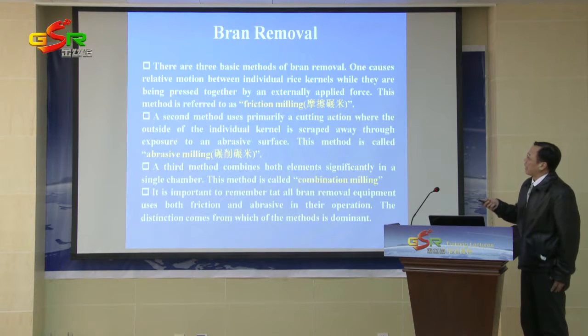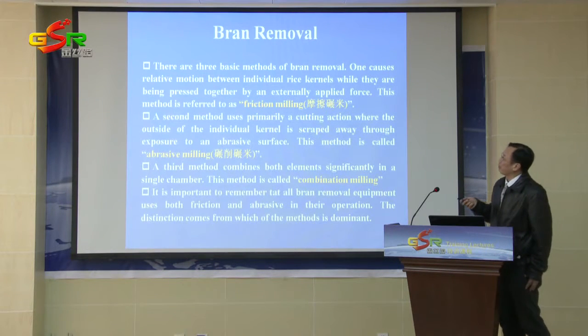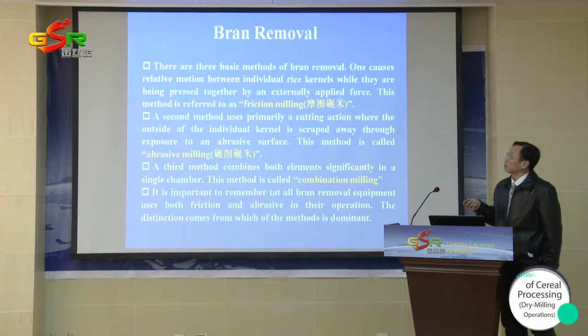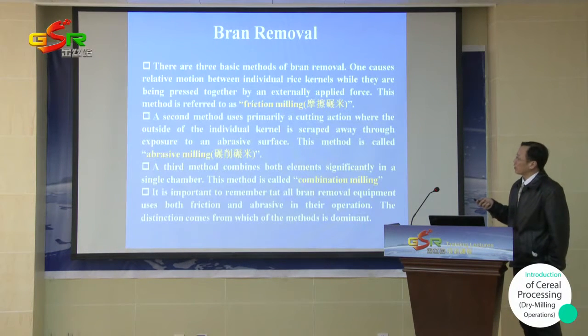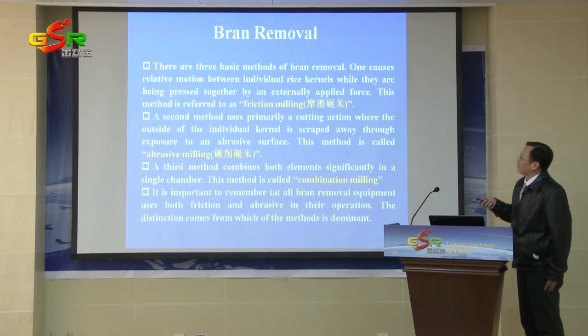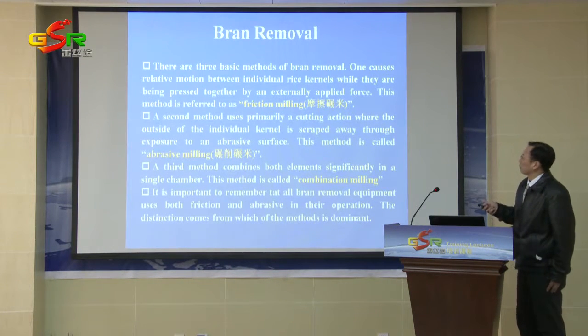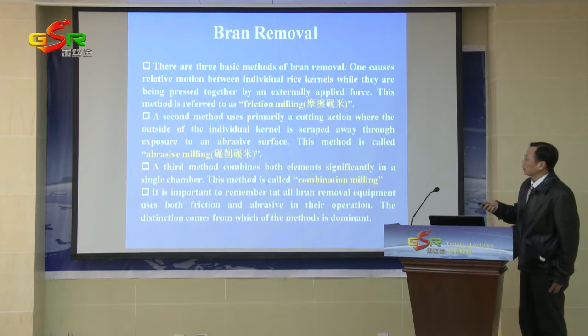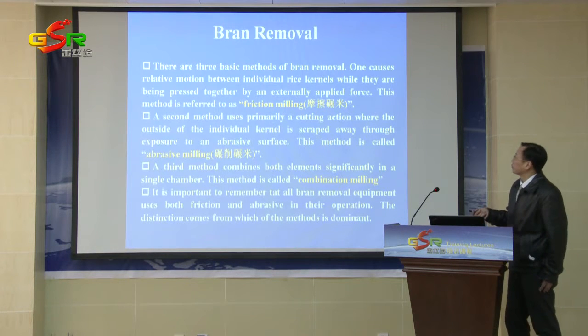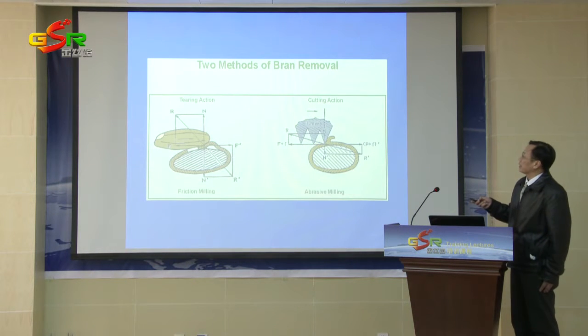And how do we remove the bran? We can use three methods to get the white rice. The first is friction milling. The second is abrasive milling. And the third is combination milling. This figure shows the different methods of bran removal.